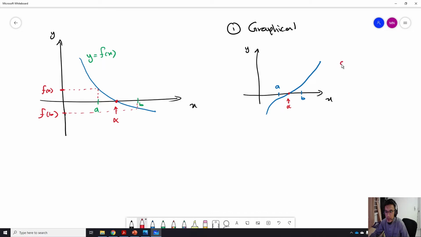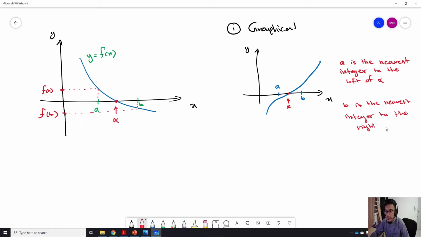Okay, I will write that down. a is the nearest integer to the left of alpha, and b is the nearest integer to the right of alpha.